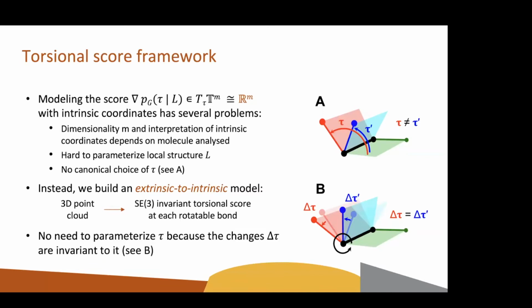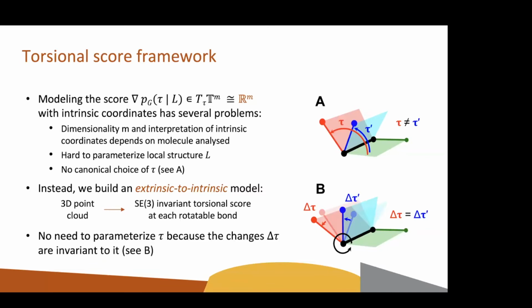And furthermore, even for molecules with the same number of torsional bonds, for different molecules, or even for the same molecule, the meaning of a given point on the torus, that is the mapping from points on the torus to actual conformers, is not well defined.